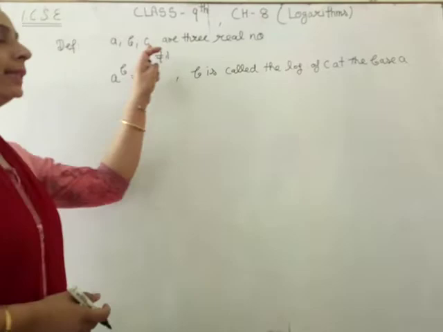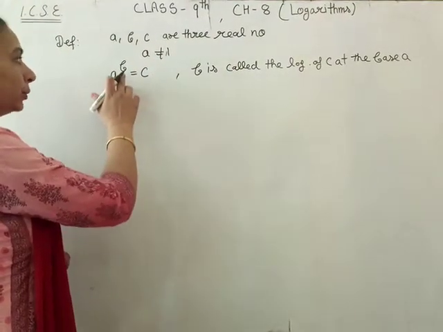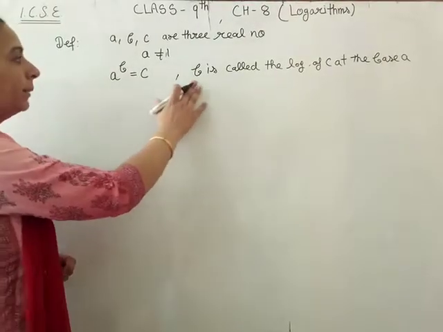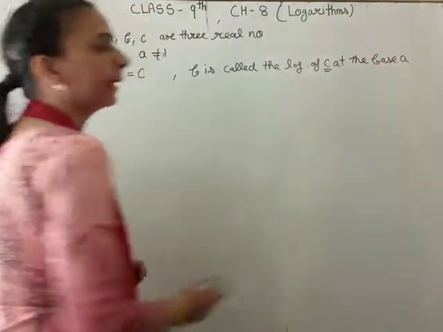Students, if a, b, c are three real numbers, a not equal to 1 and a raised to the power b equal to c, then b is called the logarithm of c at the base a.